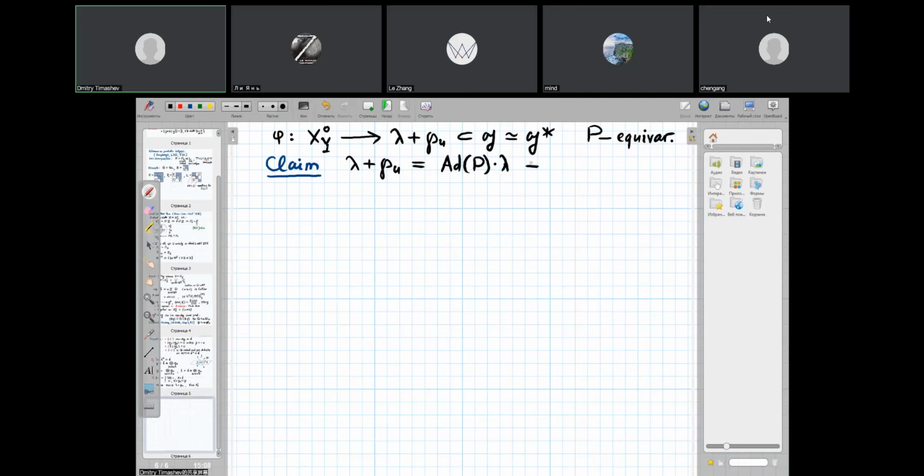And it is isomorphic to the quotient of P over L. Let us prove this claim. The quotient of P over L is not a subgroup. It is a homogeneous space. Proof of the claim.